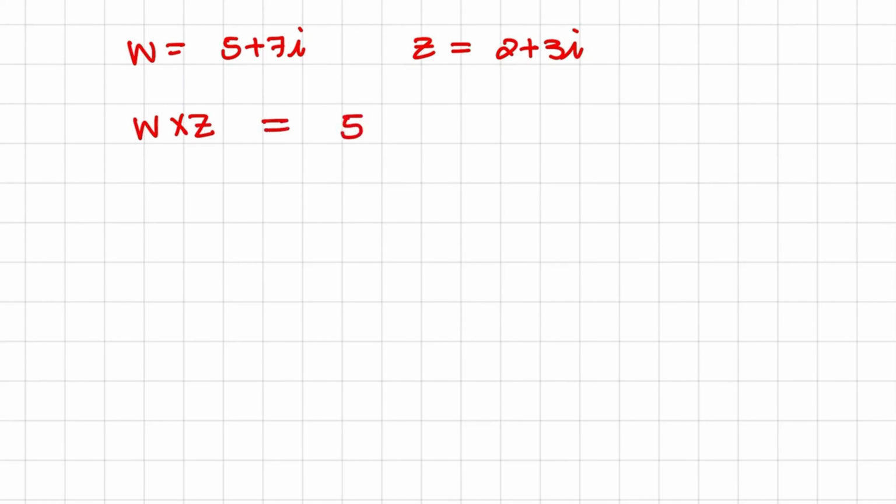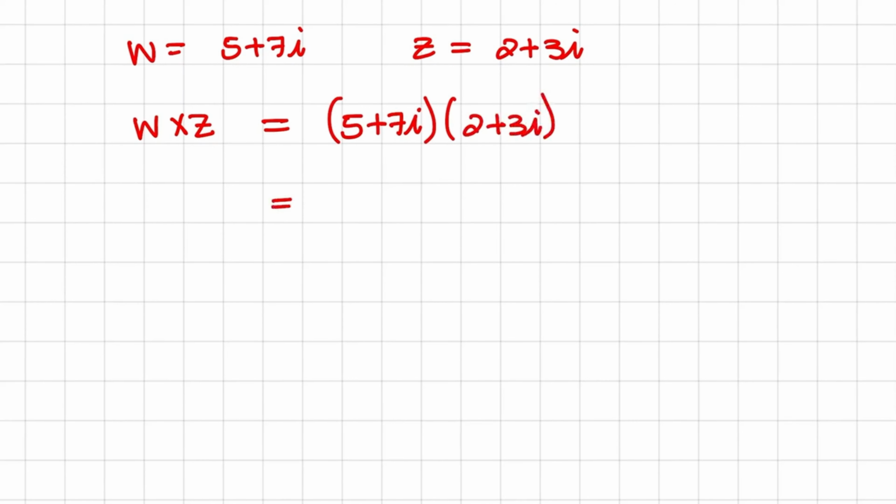Let us say that W is equal to 5 plus 7i and Z is equal to 2 plus 3i, and we want to multiply W with Z. So that is 5 plus 7i times 2 plus 3i.